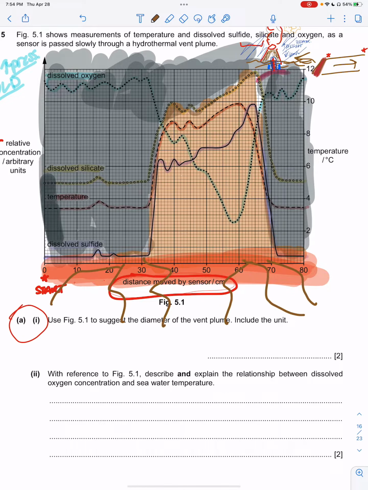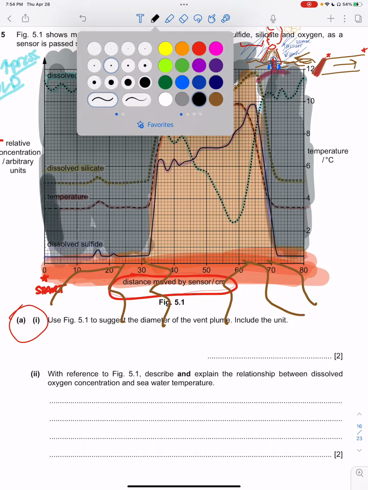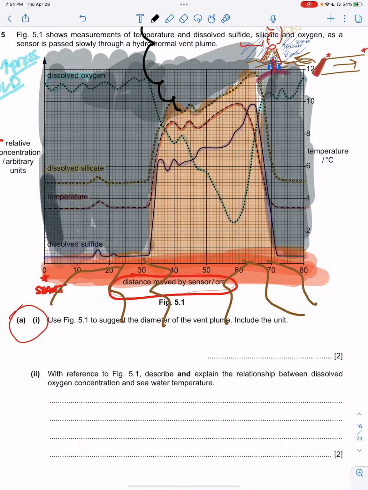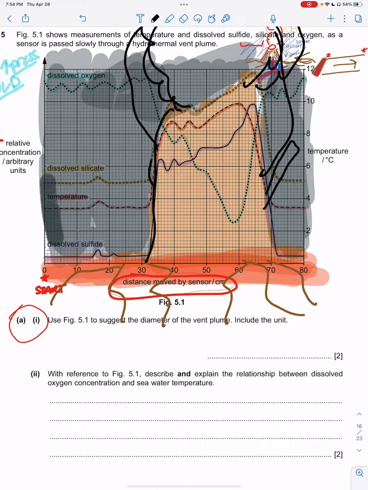There's your cracks in the seafloor. That's your hydrothermal vent. Here's all the gas coming out of it and surrounding it. There she is. And so here you would have your tube worms living on there.